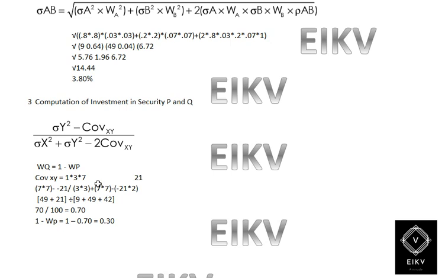When we substitute these figures into the formula, it would be 7 into 7 minus 21, divided by 3 into 3 plus 7 into 7 minus 21 into 2, which gives the final proportion as 0.7, and 1 minus 0.7 will give you 0.3.